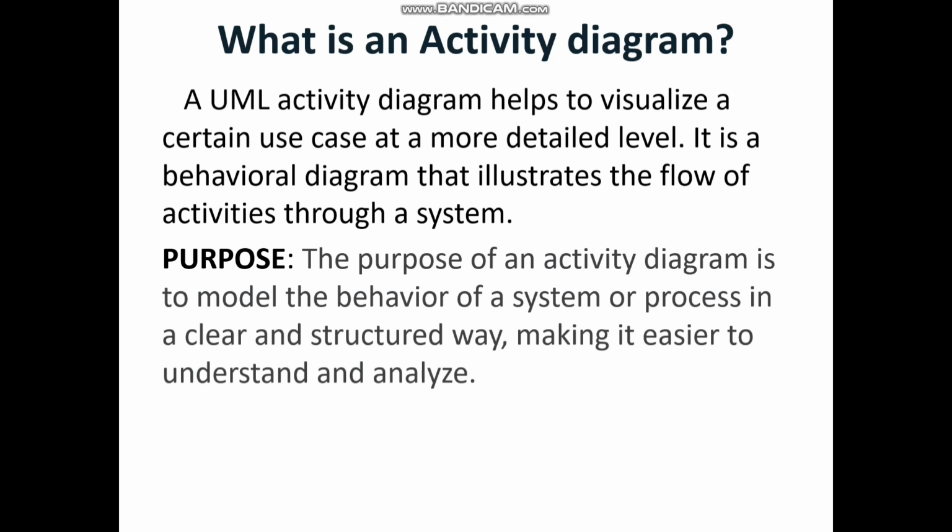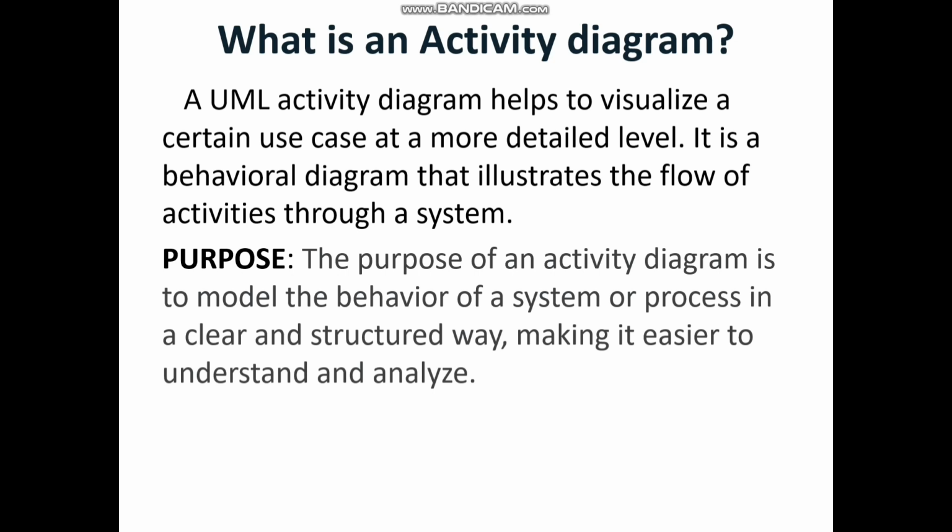Now we'll understand activity diagram. A UML activity diagram helps to visualize a certain use case at more detailed level. It is a behavioral diagram that illustrates the flow of activity through a system. They are similar to a flow chart, but with more specific symbols and notation.